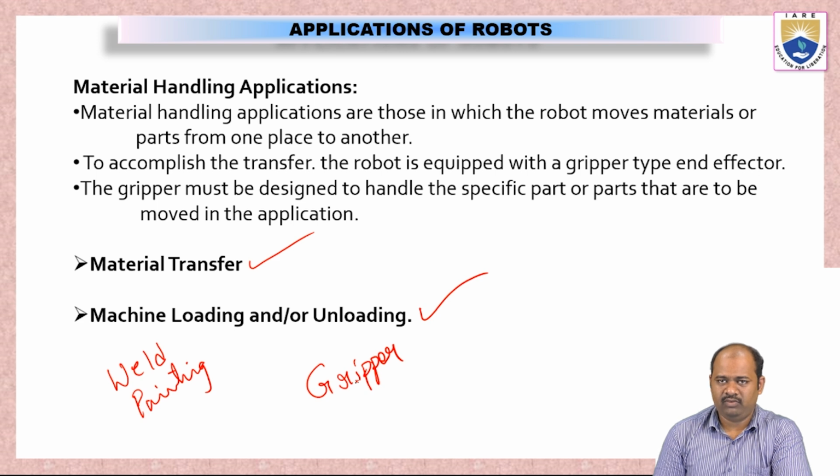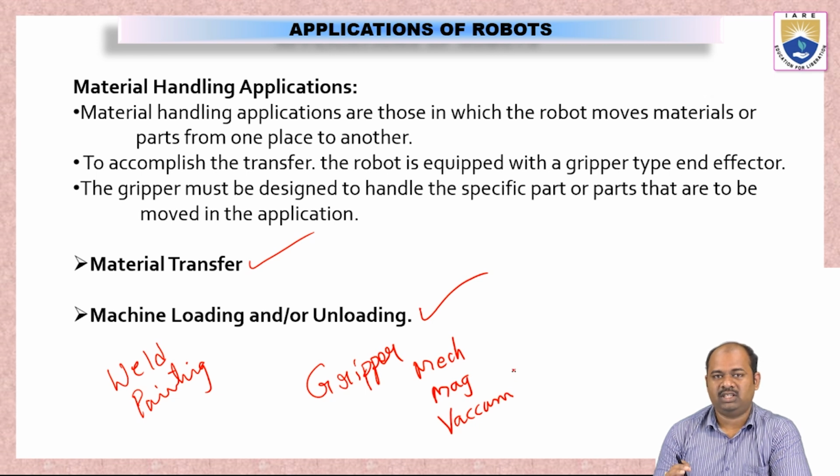Many types of grippers are there. We have already discussed them in the previous lectures. There is the mechanical gripper, which uses mechanical fingers, and the second one is the magnetic gripper, which uses an electromagnet, where when electricity is supplied to the magnet, it gets magnetized. Then there are vacuum grippers, which use vacuum suction cups for holding the objects.